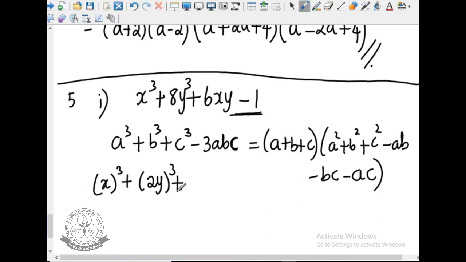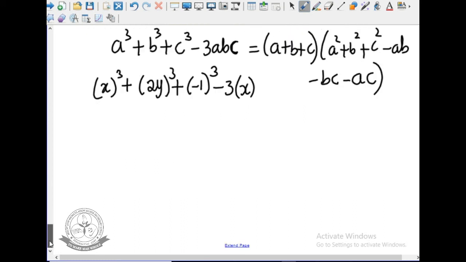It is minus 1 whole cube, then only you will get minus 1. Then next, minus 3, a is equal to x, and b is equal to 2y and c is equal to minus 1.